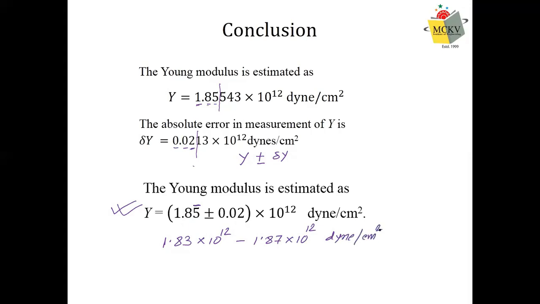This is the range you are actually reporting. That means any value in between this range is correct. So if someone gets the value as 1.84 into 10 to the power 12 dyne per centimeter square, that is correct.